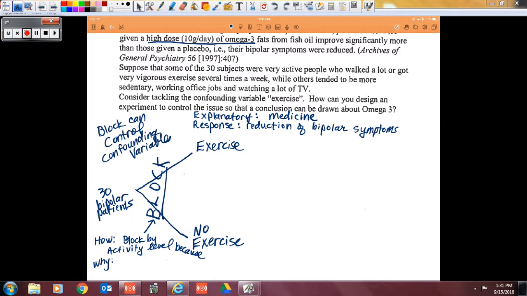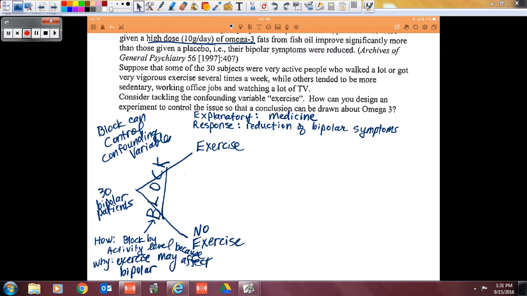But what we have to reference when we say why, the reason we block, is because that can affect the response. Remember, I see you have a trait there that may affect the way subjects respond. So it may, because exercise may affect, and what are we measuring?